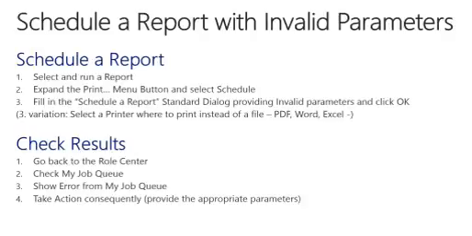This error will be reported in the My Job Queue part in your role center, and a notification will be generated accordingly. Then you just have to take action consequently, such as deleting the notification and performing the action again, amending the invalid parameters.